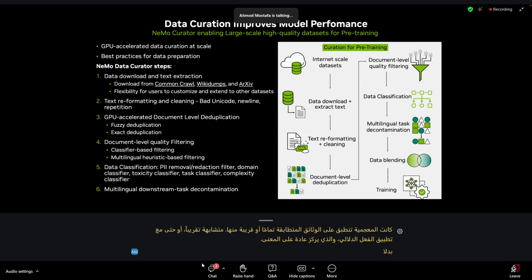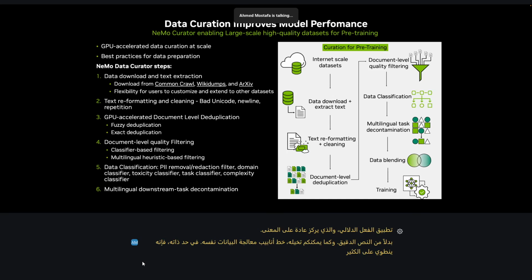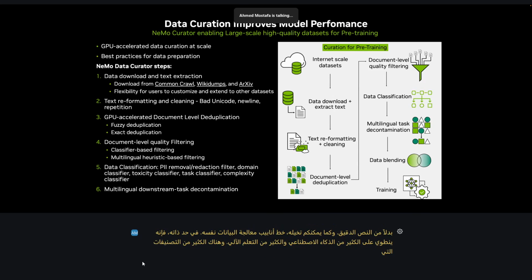And as you can imagine, the data processing pipeline by itself involves a lot of AI, a lot of machine learning, and a lot of classification that relies on a lot of different approaches. And that's how we are also able to perform this at scale with efficiency.